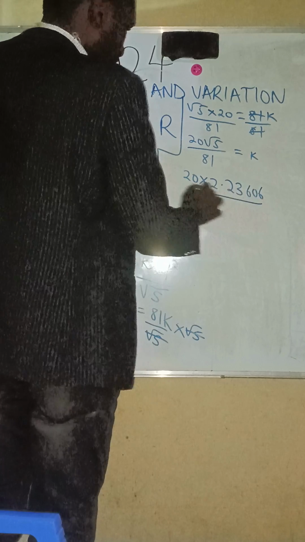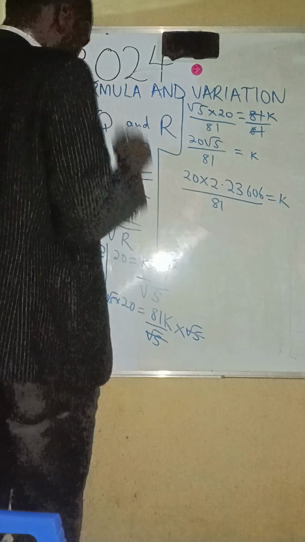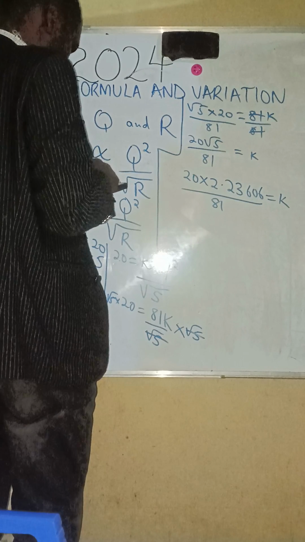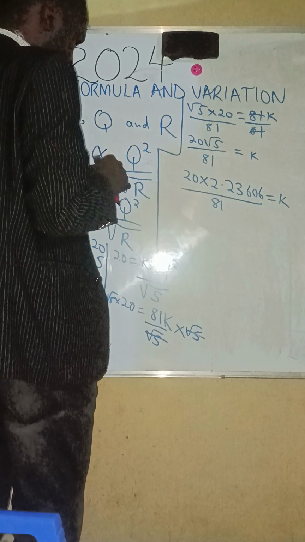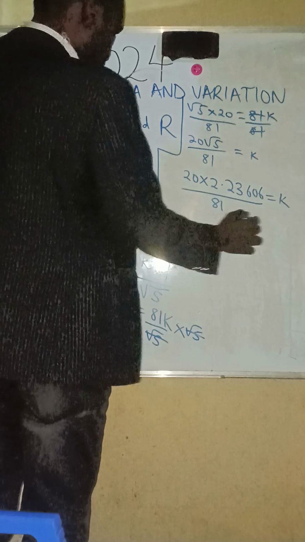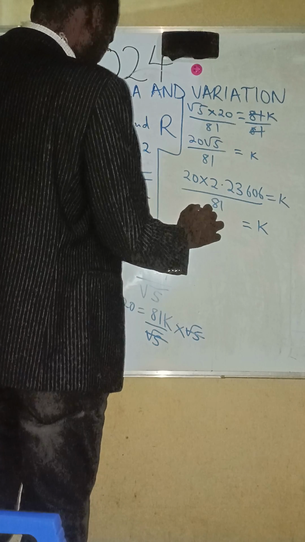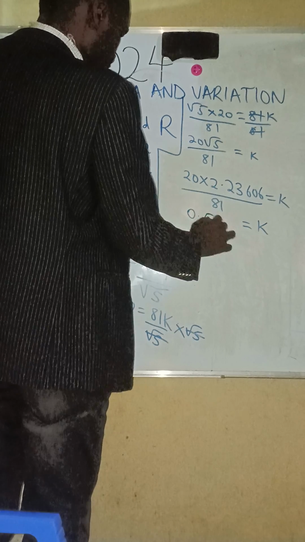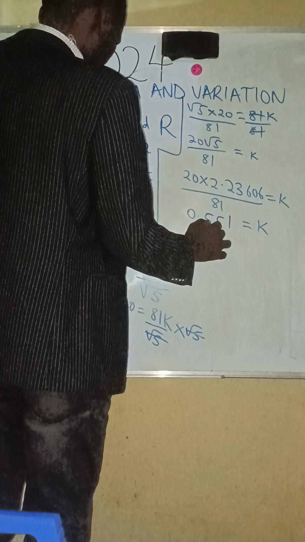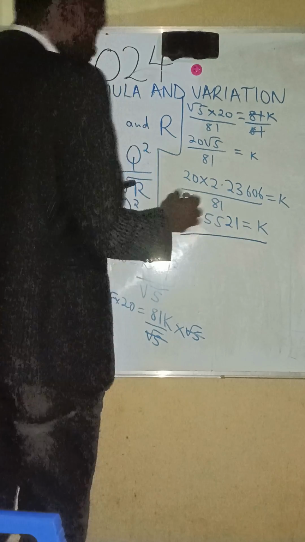This is divided by 81, and that should give us K. So I say times 20, and divide this by 81. So I'll have my K as 0.552. Very good, so 0.552. That becomes my K.